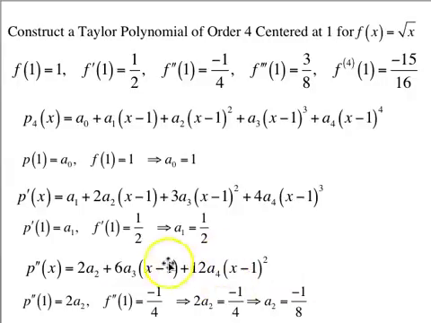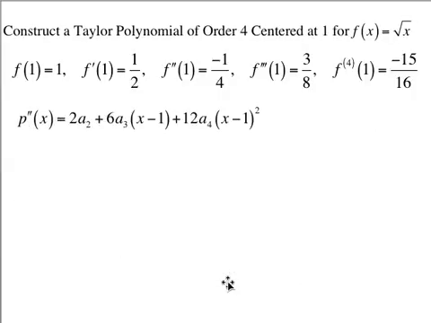The next derivative, this gets tedious, yes. The derivative of 2a2 is 0. The derivative of this piece will be 6a3. The derivative of this piece will be 24 a sub 4 times x minus 1. Plugging in 1 here, that'll be 0. We'll just be left with 6a3.